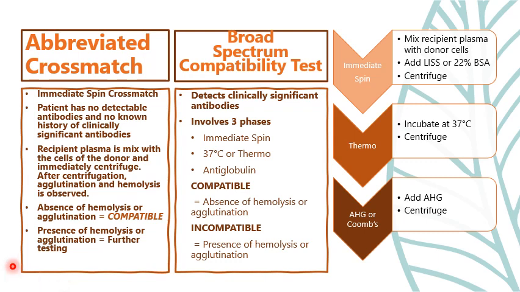Next is the abbreviated cross-match. So this is also called the immediate spin cross-match. So if the patient has no detectable antibodies and no known history of clinically significant antibodies, this cross-match is done. So in abbreviated cross-match, the recipient's plasma is mixed with the cells of the donor and immediately centrifuged.